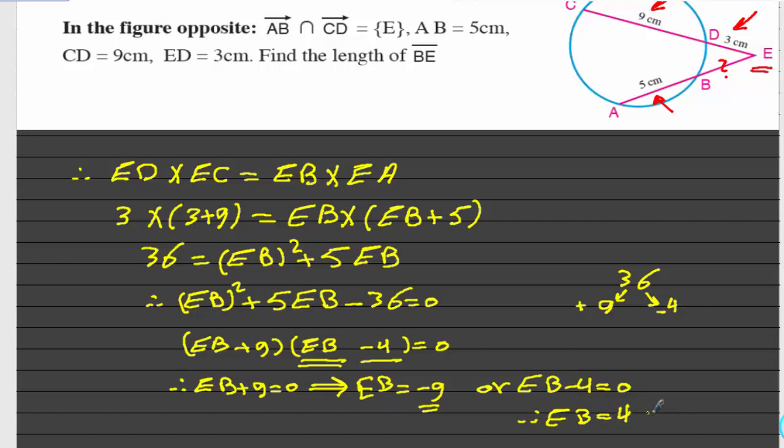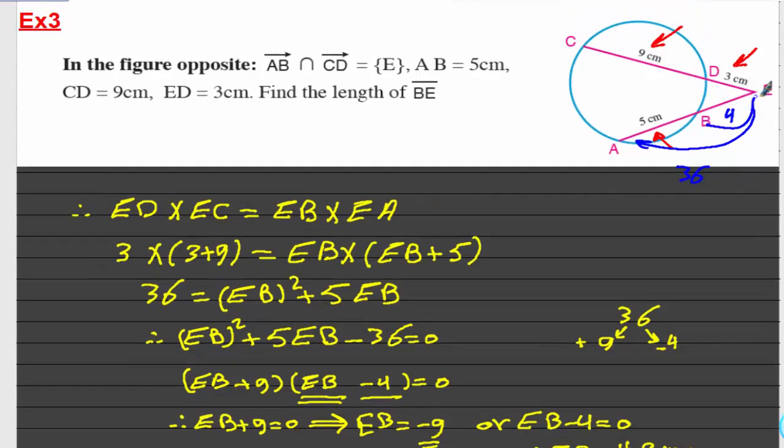So EB equals 4 centimeters, and this is the result. Note that if you put EB equals 4 here, you find that EB multiply EA, it is 4 multiply 9, equals 36.